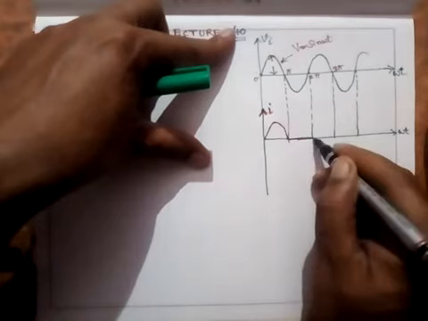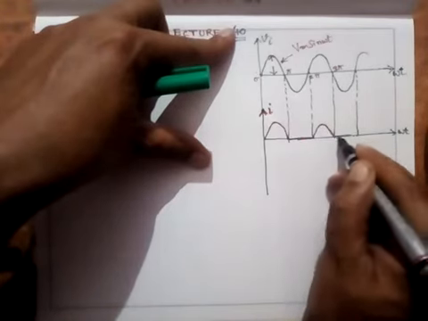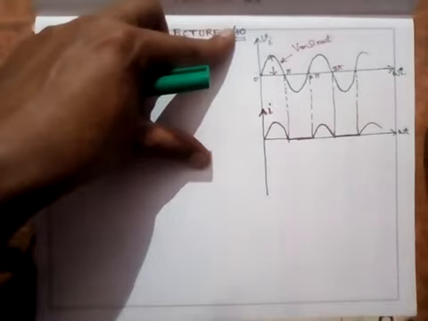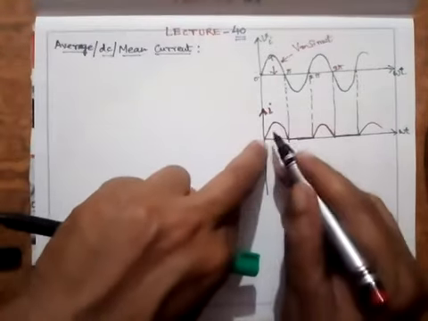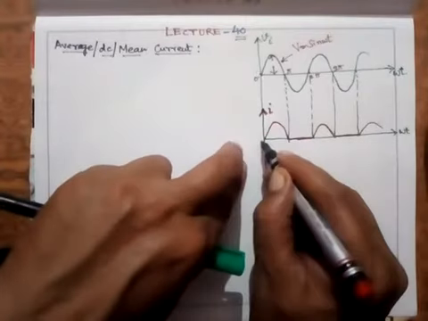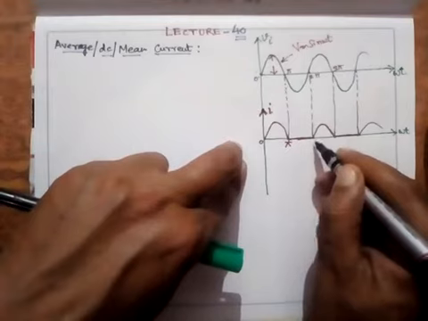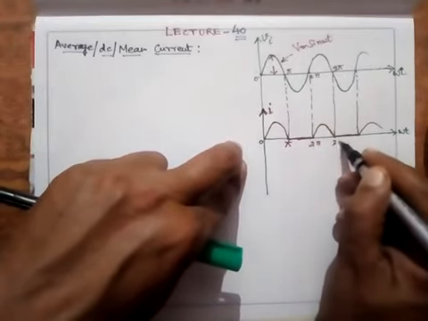Then again it is this much, and we got an output waveform like this. This is the output current I. Similarly, output voltage will also be of the same nature, no doubt. So omega t is varying from 0, pi, 2 pi, 3 pi, and so on.